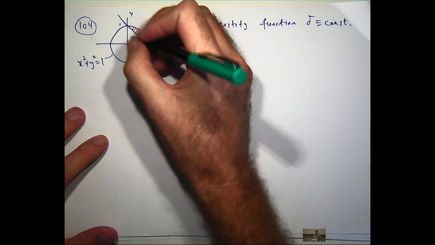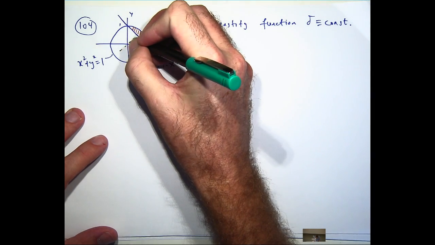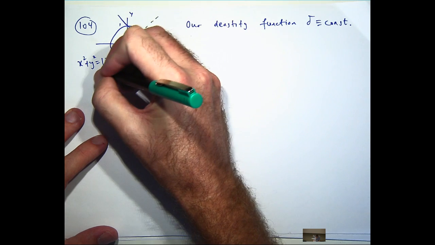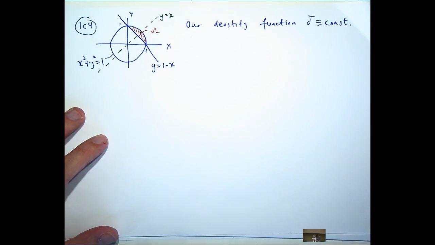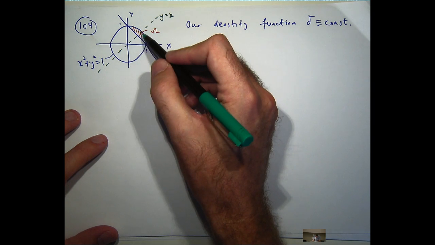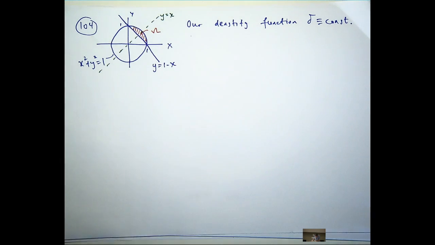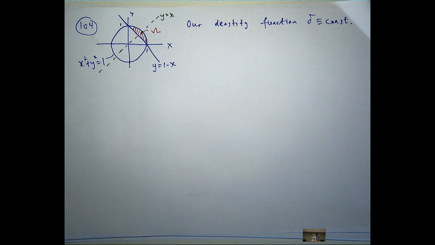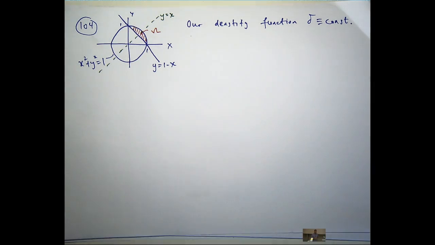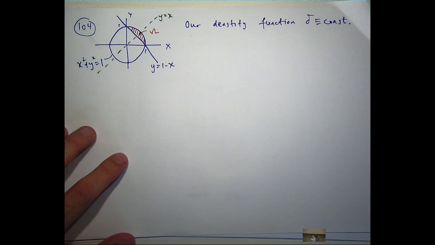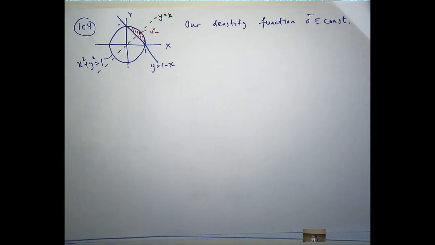Yep. So if I draw this line in, this is the line y equals x, you can see that the omega is kind of reflected in that line. There's symmetry in that line. And furthermore, the density is just a constant. So the density is not going to play a huge role in this. So what does that mean?